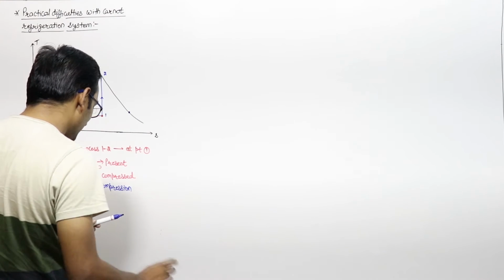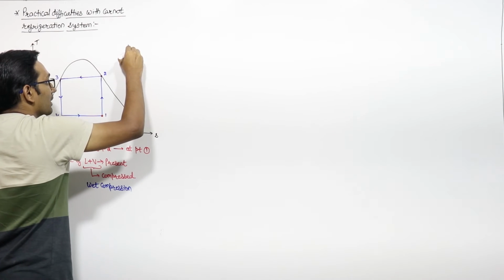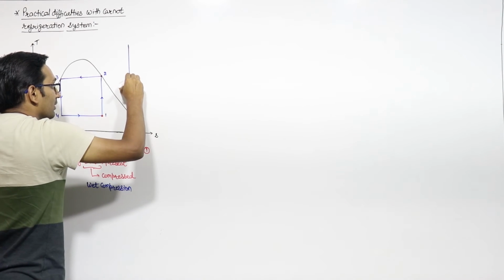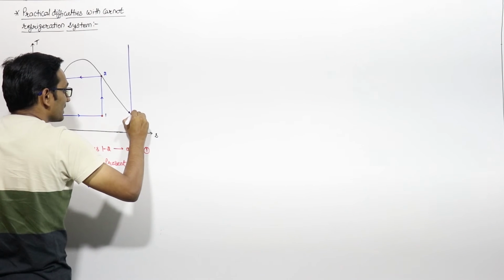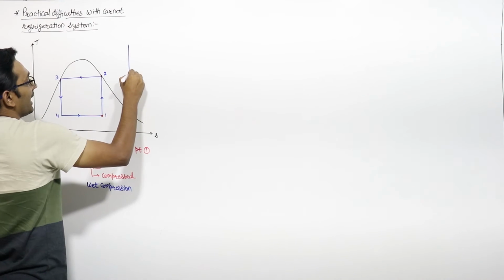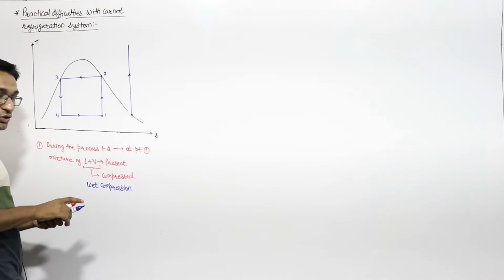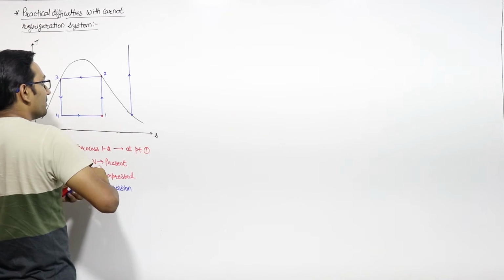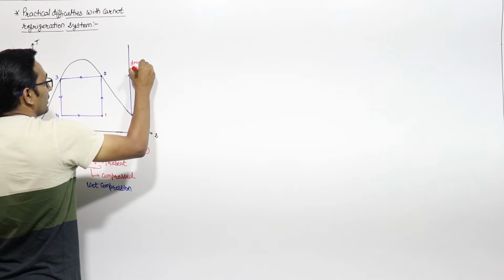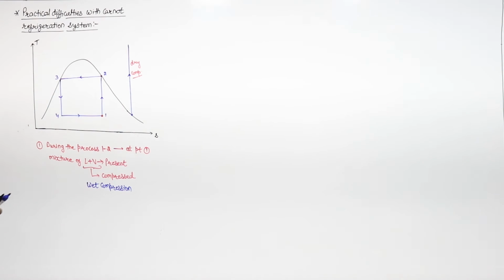If the initial point is on this saturated vapor line, then because it is a reversible adiabatic compression, this compression is the dry compression. When the initial state is at the saturated vapor line, this is known as dry compression. So we generally try to achieve this dry compression in all of the compressors.